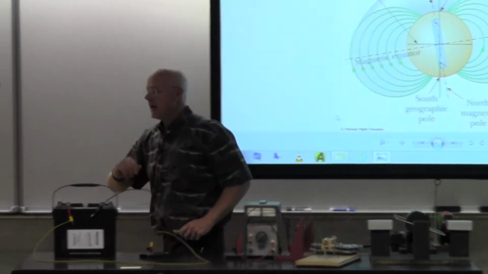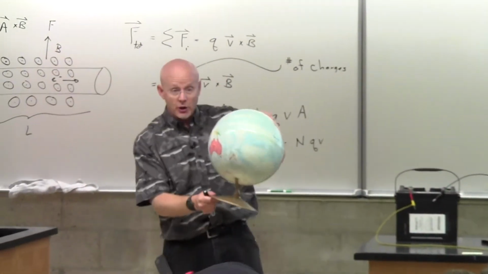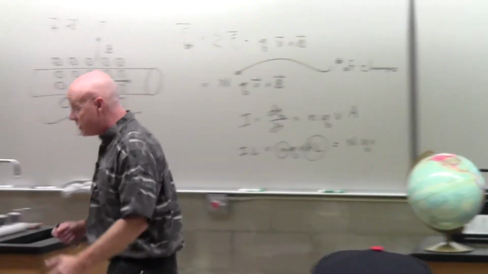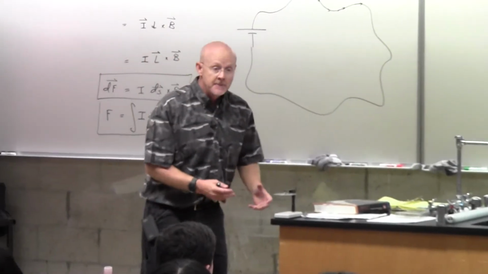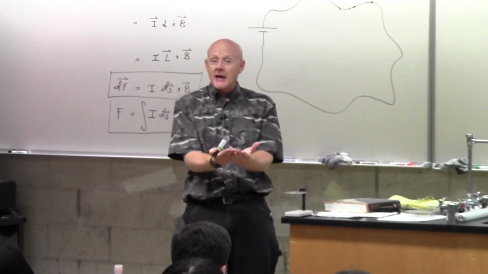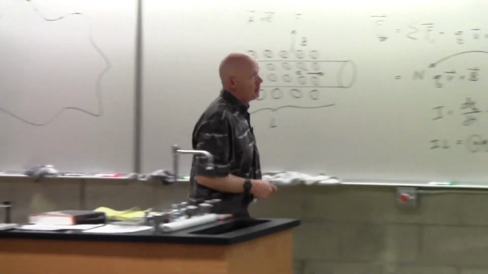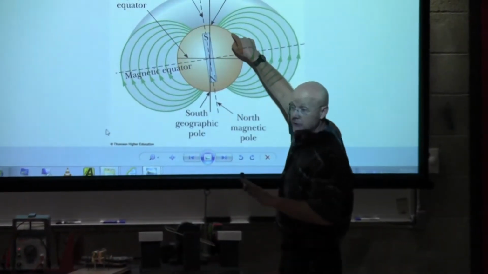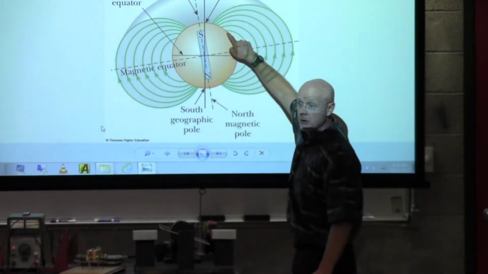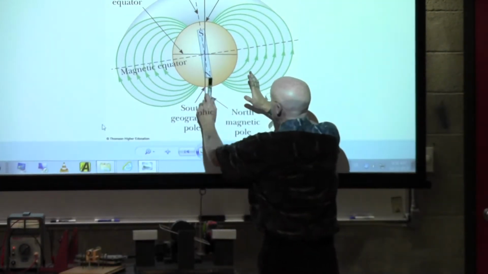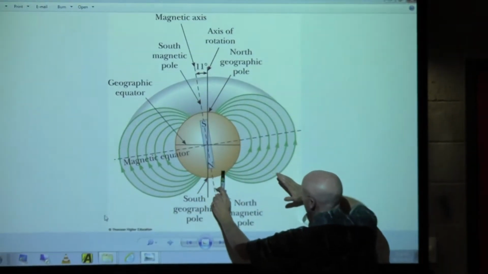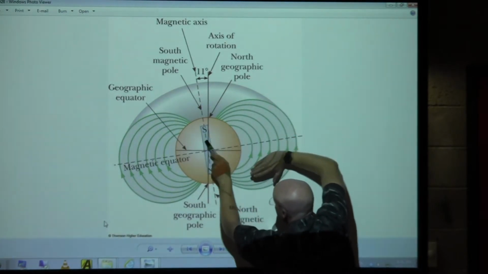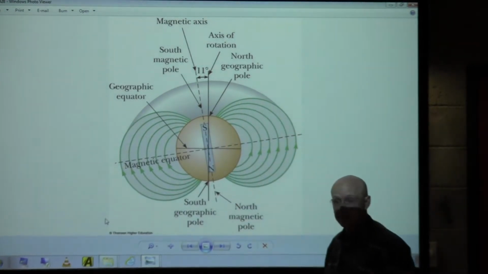And so one of you brought it up earlier then, that if you have the Earth right here, and you take Santa Barbara right here, and you take a compass, if you hold that compass level at Santa Barbara, and so in this picture, maybe I will put Santa Barbara maybe right about here, a latitude of about 34 degrees north, then the magnetic field comes out near the bottom of the Earth, arches around, and goes in near the top of the Earth, something like that.